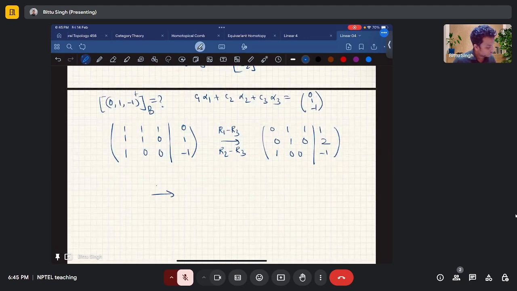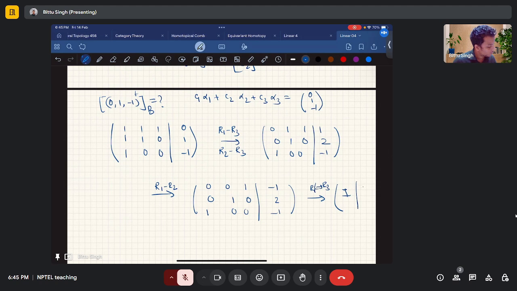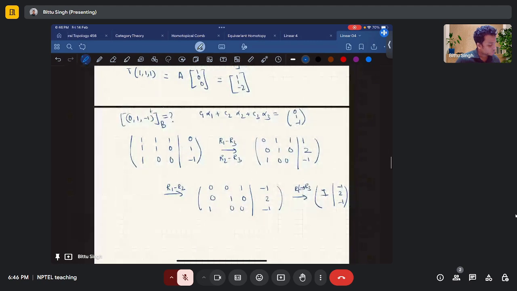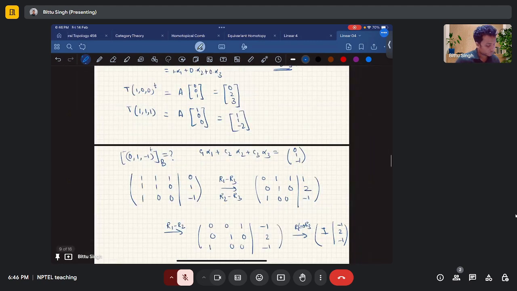Now R1 minus R2, 0 0 1 minus 1, and everything is the same. Simply exchange R1 and R3, those two rows. It gives identity, and here it is minus 1, 2, minus 1. So we get the solution minus 1, 2, minus 1.